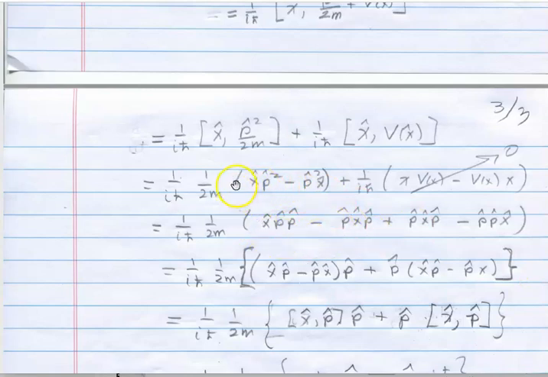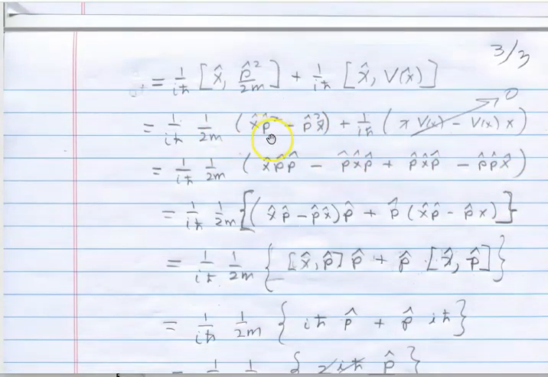There's a factor of 1 over 2m that comes outside, since it's just a constant. The commutator is x times p squared operator minus p squared operator operating on x. And over here, a similar thing with V of x, but remember, it's just a multiplication. These are just numbers, so they obviously commute. So these two are the same, and they go out, and we're down to just this first term.